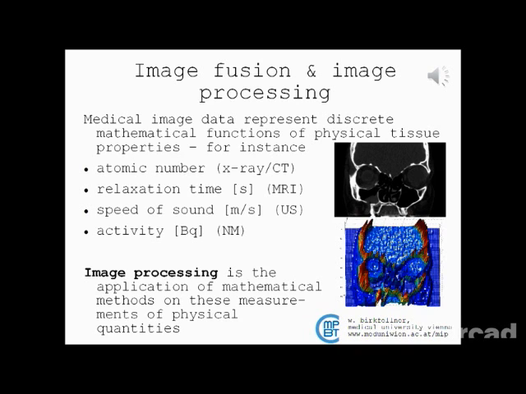In image processing, we are applying mathematical methods from numerical mathematics, of course, on these measurements. And basically speaking, we consider all the image data we have to be functions which map from a two- or three-dimensional domain, so either pixels or voxels, to a density that is related to the measurements we have.